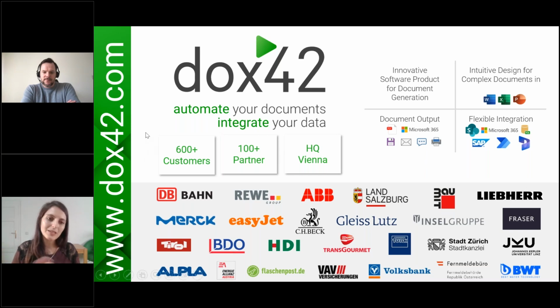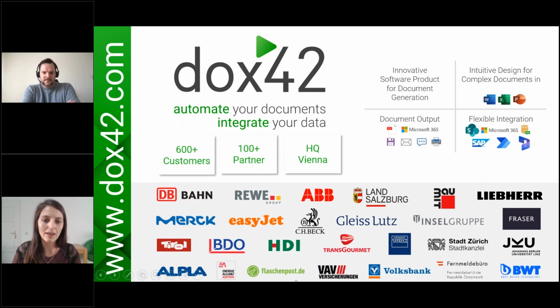We have around 600 customers that are using dox42, and they all come from any industry. So down below you can see some examples. For example, Rewe, that's one of the biggest supermarkets in Germany. Then Land Salzburg, so of course the Austrian public sector. EasyJet in the UK is using dox42.